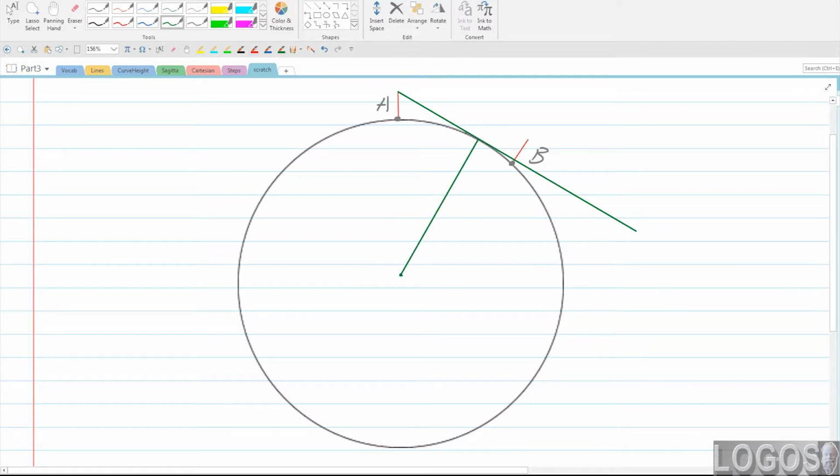And by stating that, that means that this angle is exactly 90 degrees. That is the line that we're interested in: a tangent line from A looking onto B, tangent to the circle.